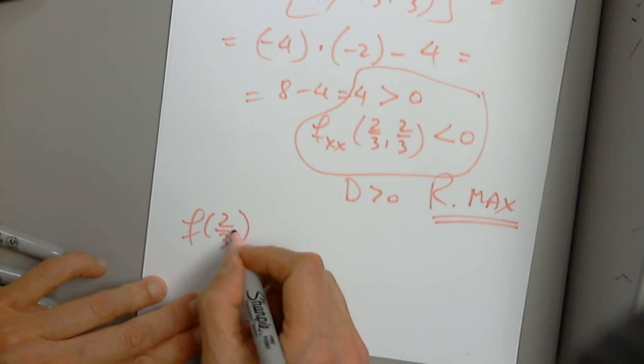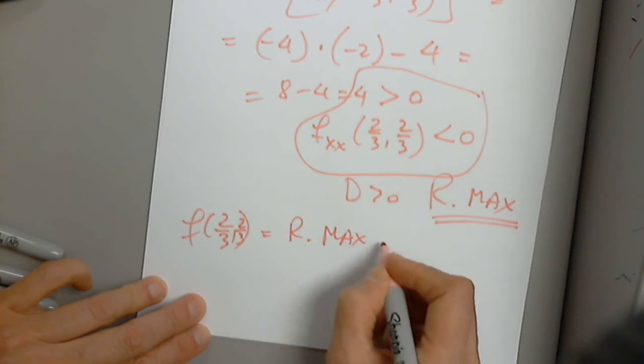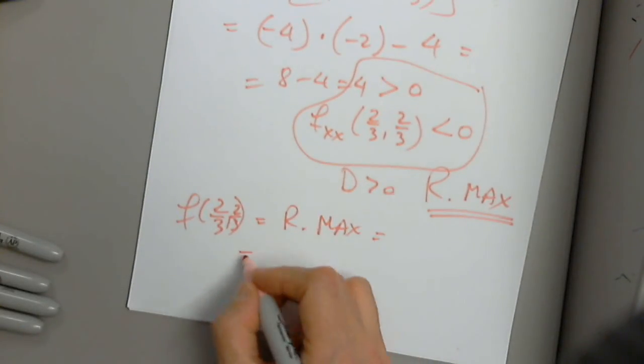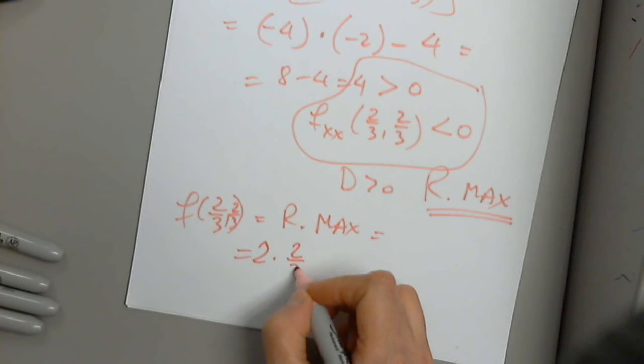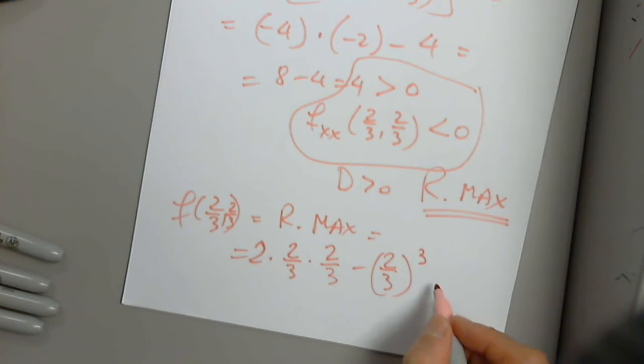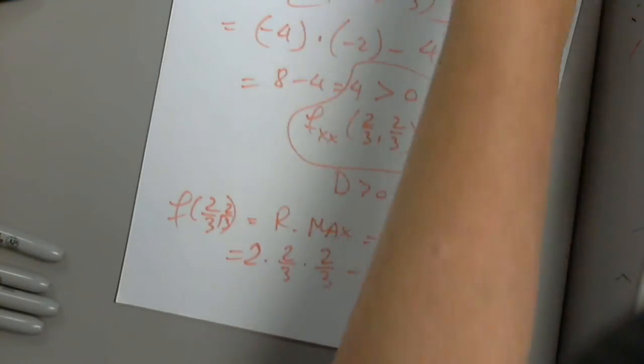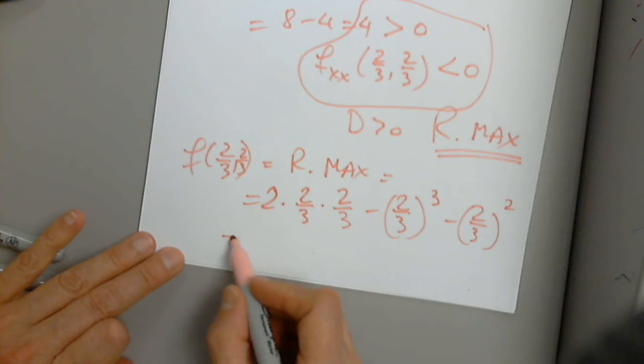F of 2/3, 2/3 will be the relative max. And where is the problem? Okay, so this is 2 times 2/3 times 2/3 minus 2/3 to the third and minus 2/3 squared. This will give us the relative max.